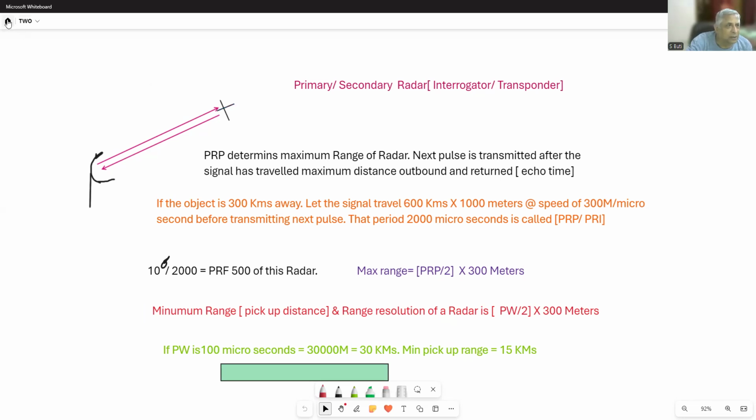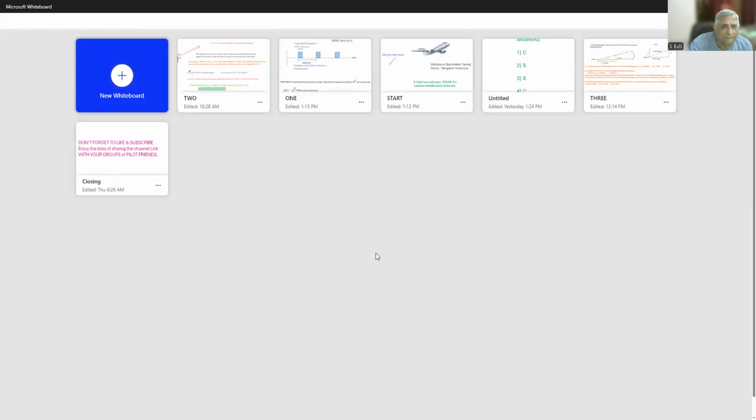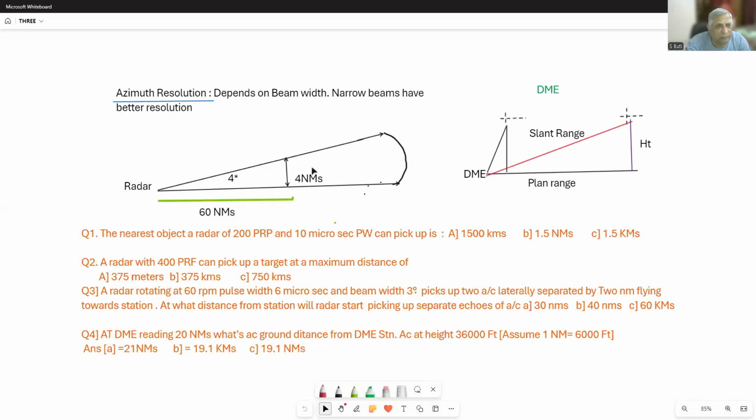Then there is something known as azimuth resolution. That is, there are two aircraft, not one behind the other, but displaced laterally. One aircraft is here and the other is here. In this case, they are 4 nautical miles separated.